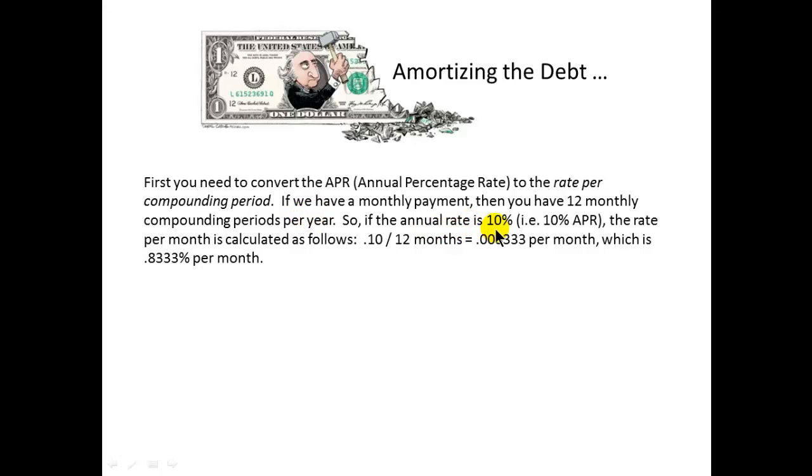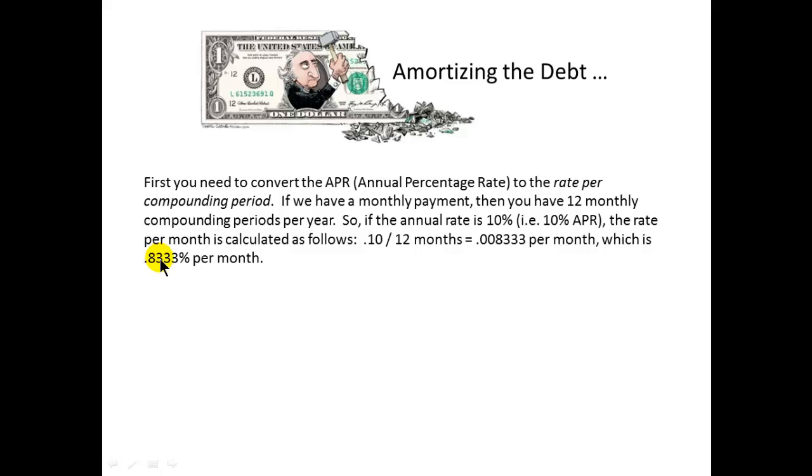So if your annual rate, and I'm just going to throw this out for illustration, is 10%, and remember Truth in Lending Act means that the lender must disclose the rate on an APR basis, then the rate per month or per compounding period is simply 10% divided by 12 months, and so you get in decimals 0.00833, which is 0.833% per month, so slightly less than 1% per month.